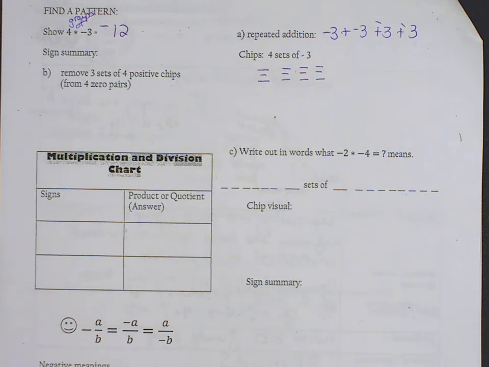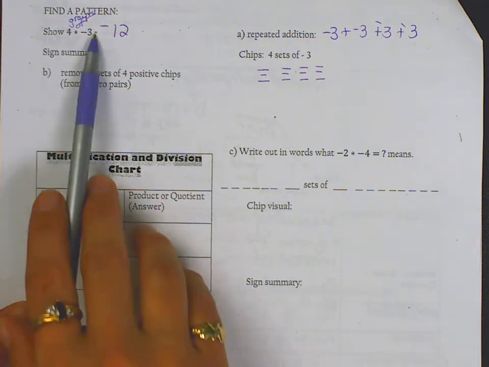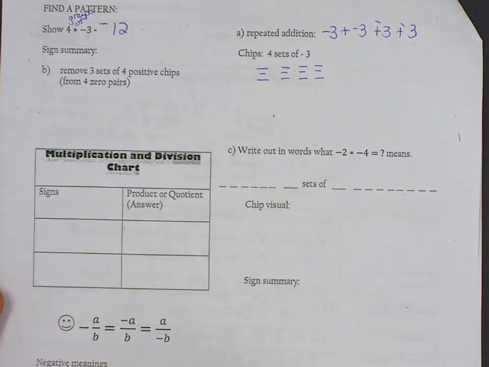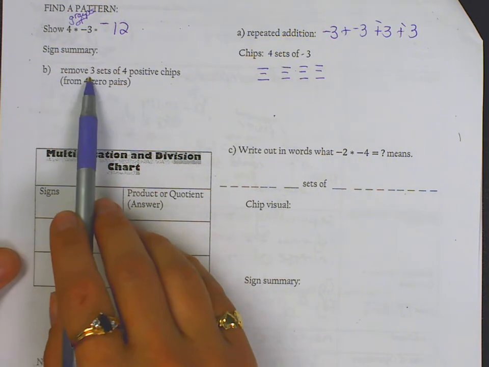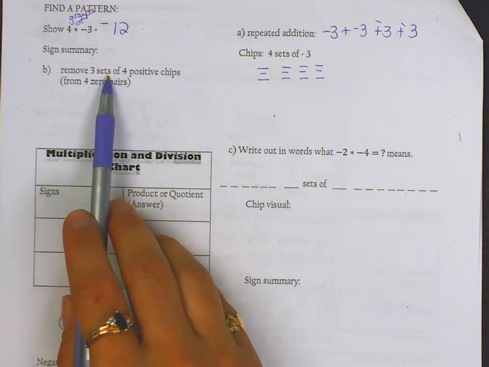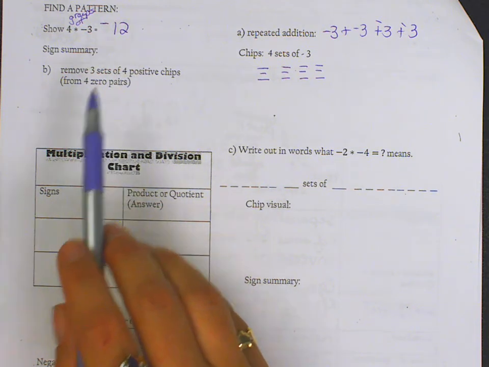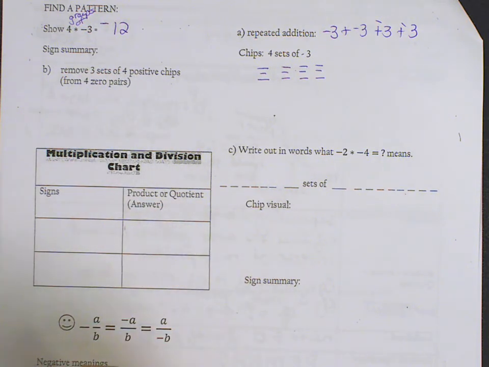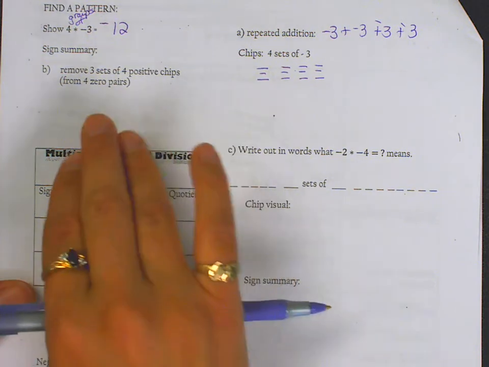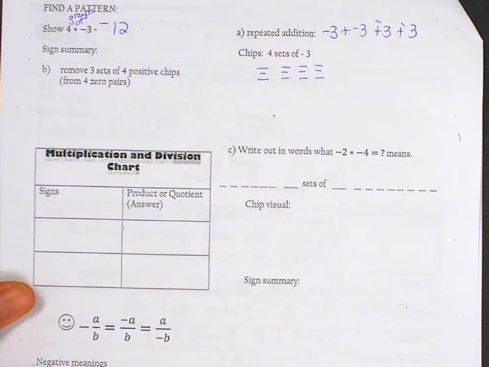Another way to look at this, instead of reading the 4 first, I can use the commutative property. I can remove 3 sets of 4 positive chips. Okay? So right now I have nothing on my paper. There's nothing to remove.